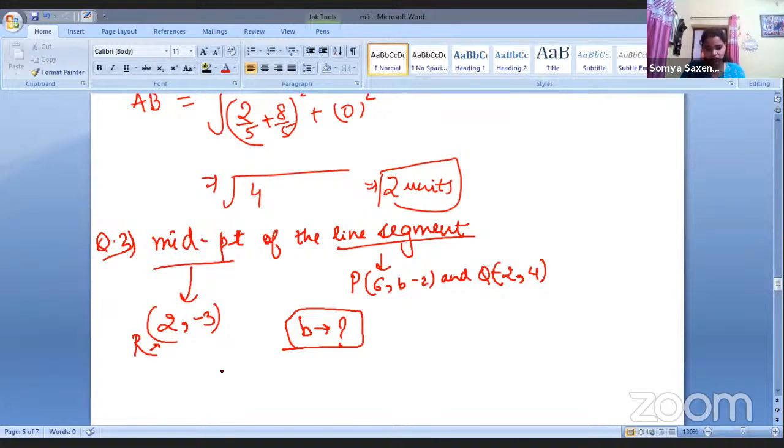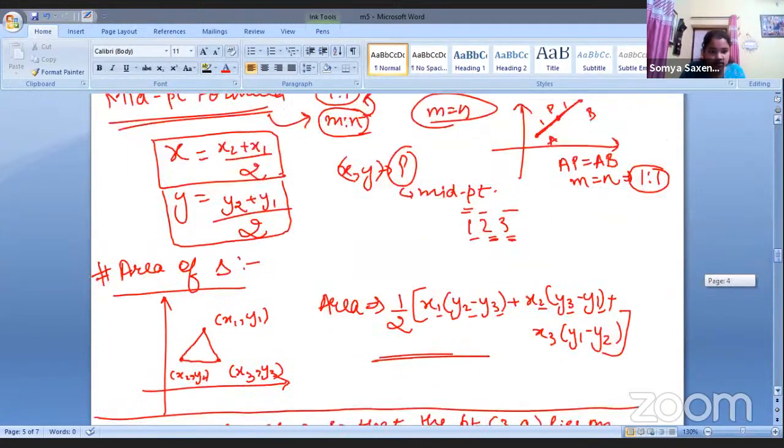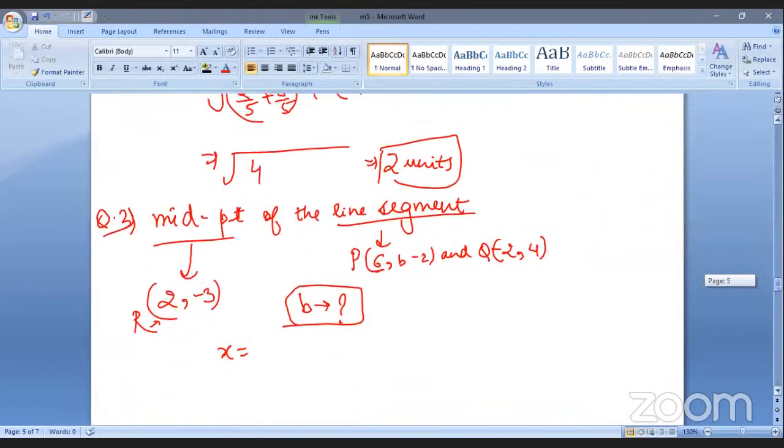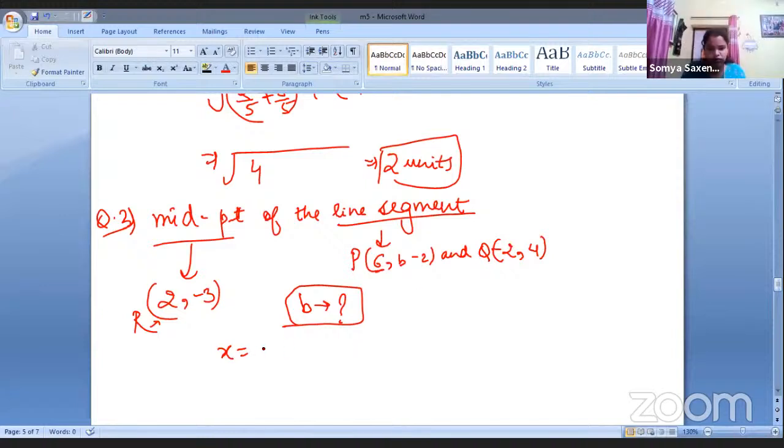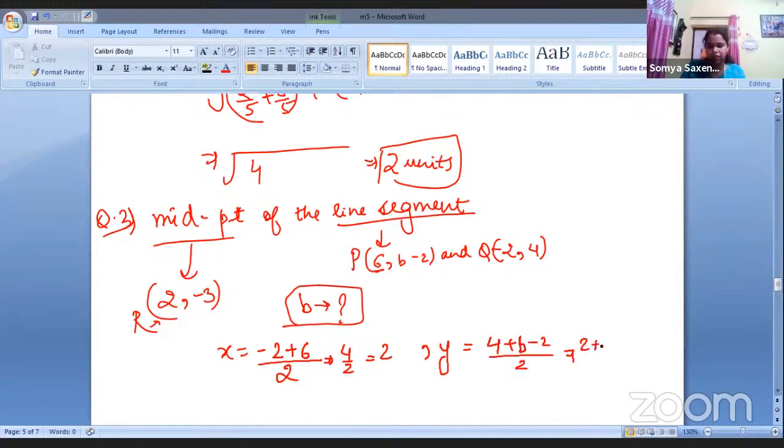So we will directly use the formula of midpoint, where x is equals to x2 plus x1 divided by 2. x2 plus x1 divided by 2, 4 by 2, 2. y2 plus y1 divided by 2, 2 plus b by 2.